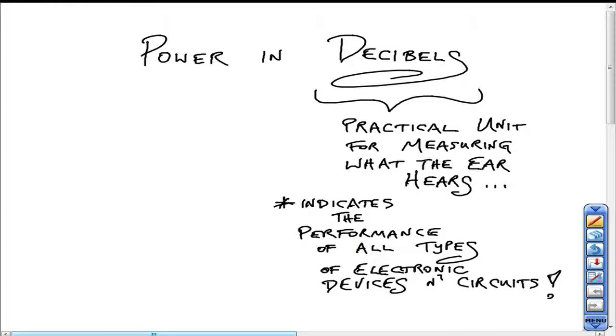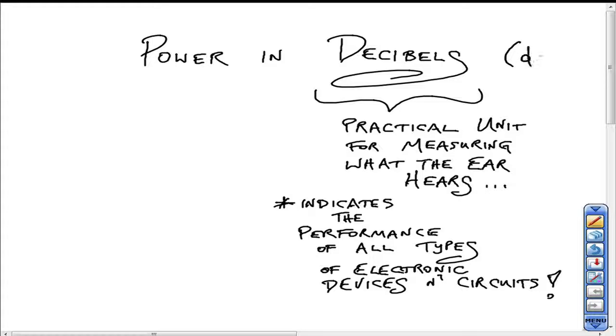So first off, let's talk about the decibel. The idea is that we're going to investigate the power in decibels. Let's take a look at some explanations of it. Decibels itself is simply a unit. It's a practical unit for measuring what the ear hears.